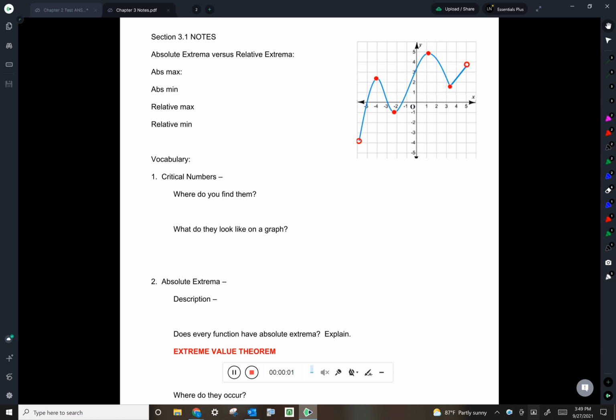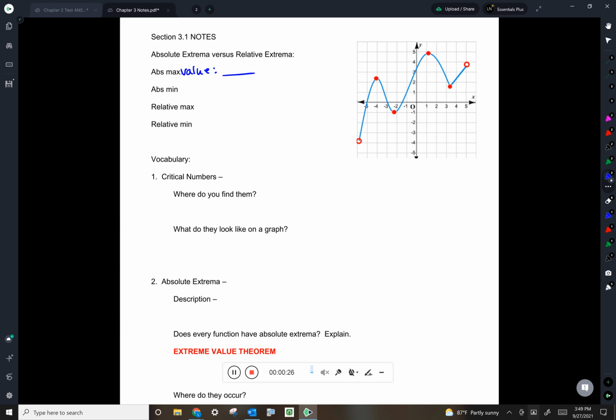Okay, this video is for section 3.1 of the notes, and it's the idea of absolute extrema versus relative extrema. So looking at this graph, if I just, without giving you any calculus information, said, hey, on this graph, what would you say is the absolute maximum value?